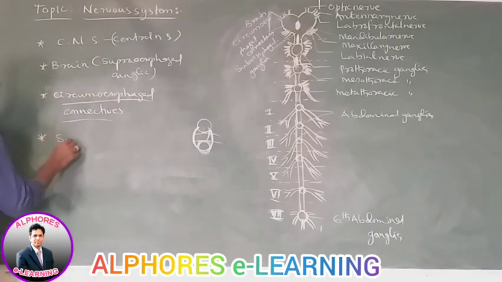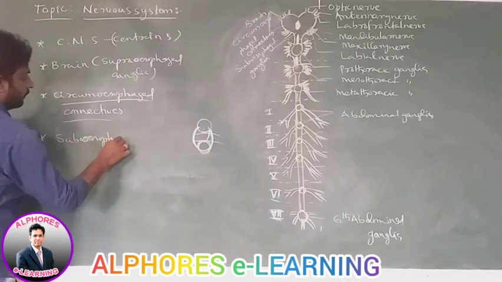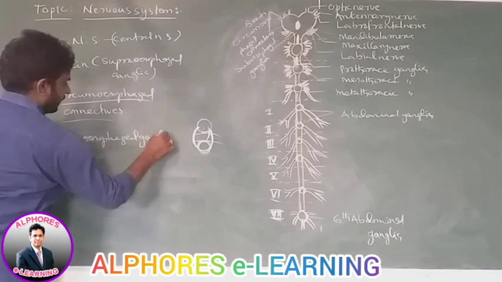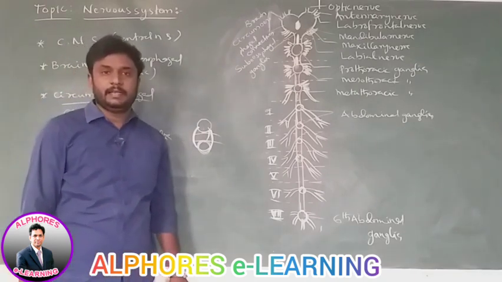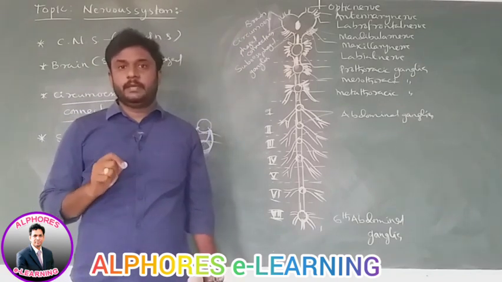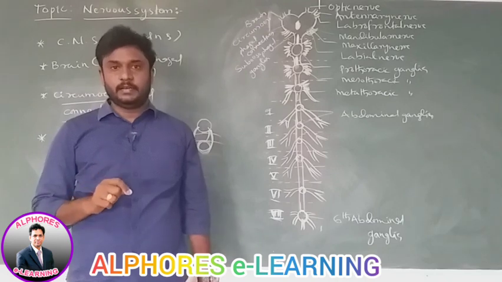The third part is the subesophageal ganglia. What is ganglia? We already discussed ganglia in animal tissues. A ganglion is a group of cell bodies present in the peripheral nervous system.